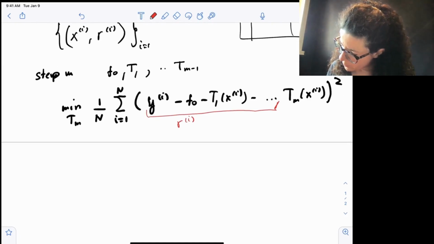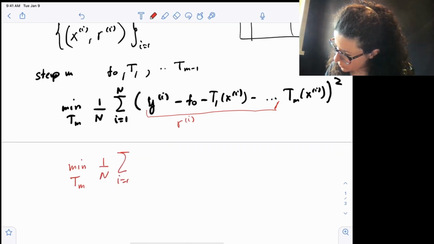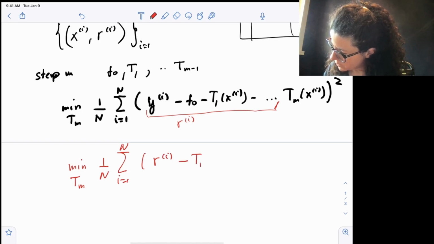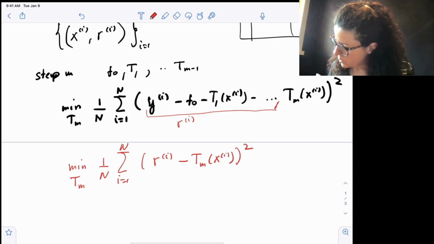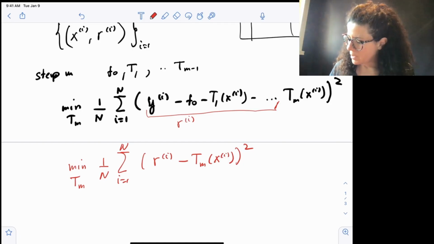So at step m we're trying to minimize with respect to tm, 1 over n, sum of i equal 1 to n of our residual ri minus tm of xi, squared. And again, what we're trying to do here is basically to fit a tree with respect to this target, which is a residual.